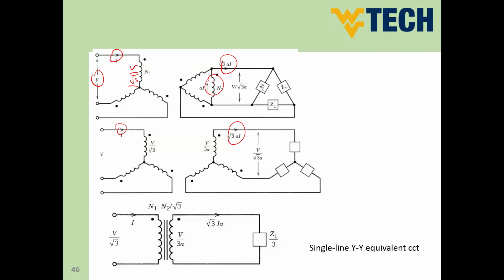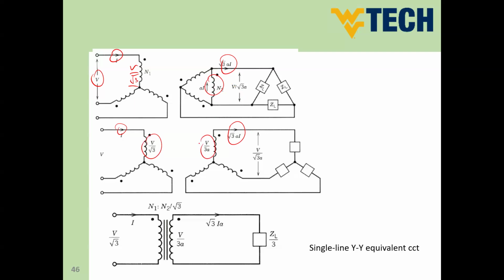If you would like to convert this delta into Y connection, the equivalent Y is going to be the magnitude of the phase volt here divided by root 3. So V divided by root 3, divided by root 3 again, so it would be V divided by 3. So in this case, if this is V divided by root 3, this would be V divided by 3A.